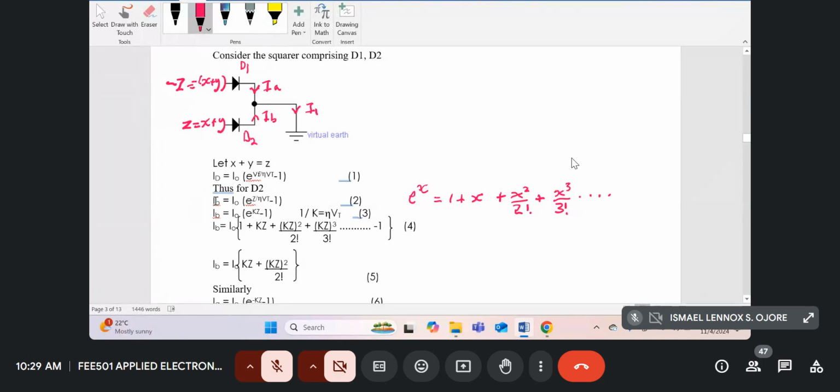So we can write I_B, which is the forward current for diode D2, is I naught e to the z, from equation 1. It was supposed to be the forward bias voltage, but the forward voltage is actually x plus y, which is the same as z. So it should be e to the z divided by eta Vt, minus 1.